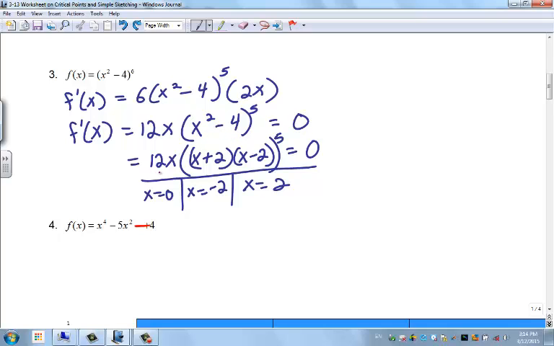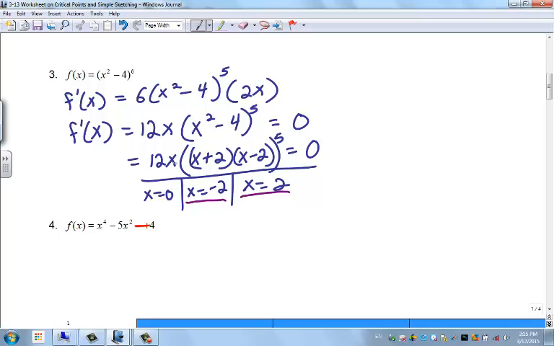So this is 12x times x plus 2 times x minus 2 to the 5th power. Now, if you want to write that x plus 2, x minus 2 5 times, that's fine with me, but it doesn't matter how many times you write it. The answers that you will get out of that will still be x equals negative 2 and x equals 2.